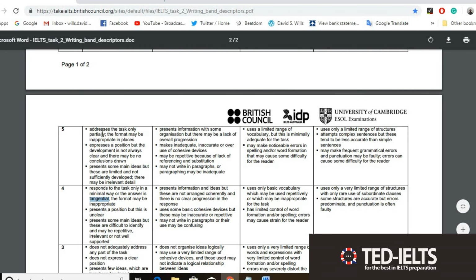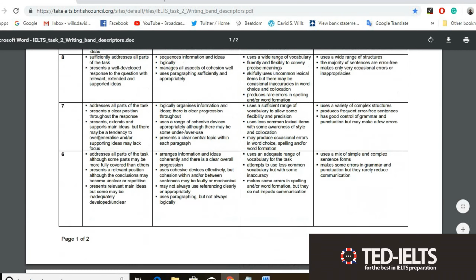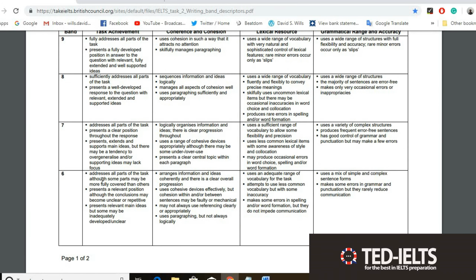We're going to skip 5. 5's a little better, but we're going to go ahead and look at a 6 that I think will be more useful. So 6 means addresses all parts of the task, so much better than a 4. However, some parts may be covered more fully than others.